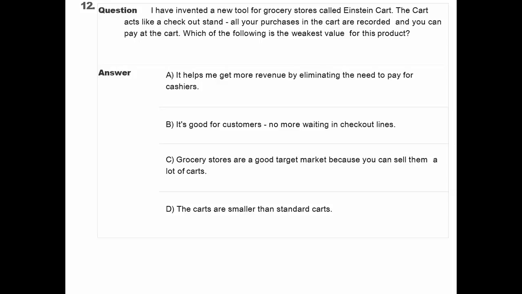Well, in terms of value for this product, what is the value for it doesn't necessarily say customer. It could also mean for the business. So, yeah, this is a hard question. What you need to do at this point is, what can you throw out? Well, you can throw out B, because right away you know that helping customers in checkout lines is good. So then you have A, C, and D.